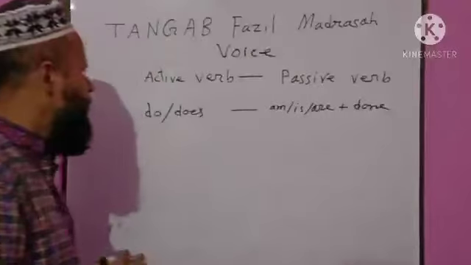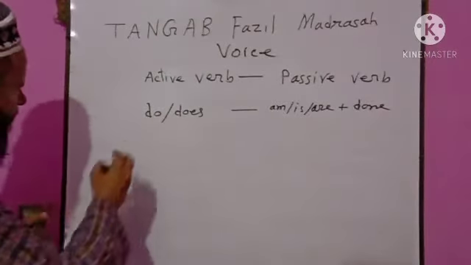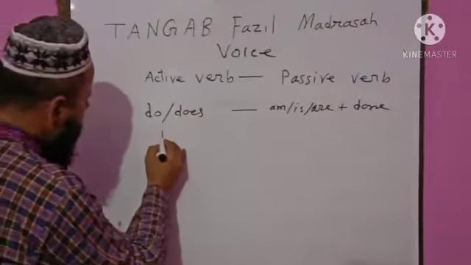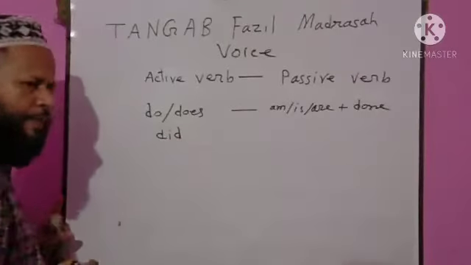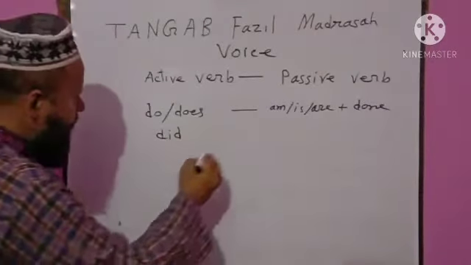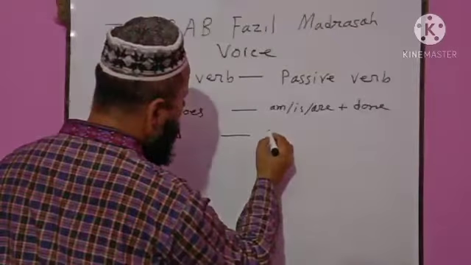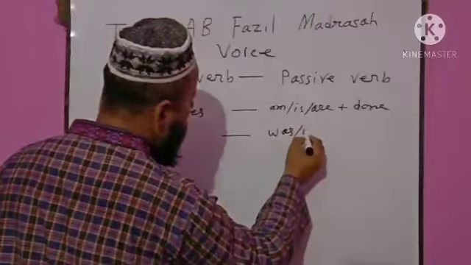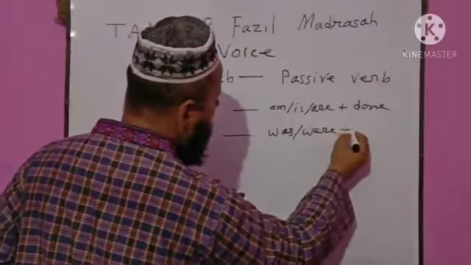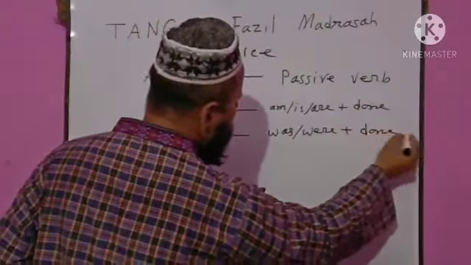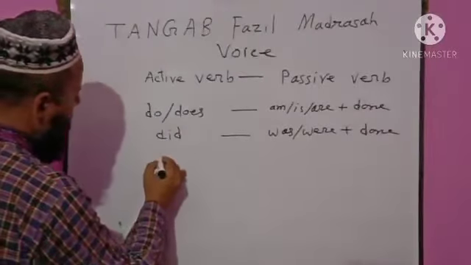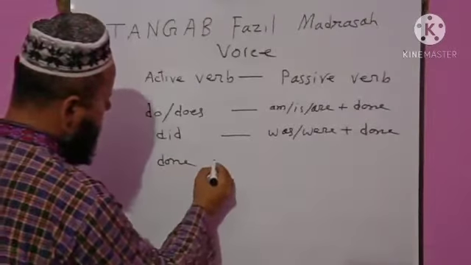Done is the past participle of do. For example, did. Did is the past form of do. So, in passive voice, it will be was or were, thus done. Done is the past participle.